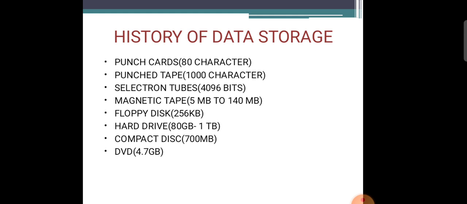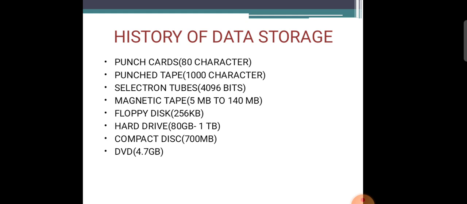History of data storage. First one, punch cards, 80 characters. Second one, punch tape, 1000 characters. Third one, Selectron tubes, 4096 bits. Fourth one, magnetic tape, 5 MB to 140 MB.